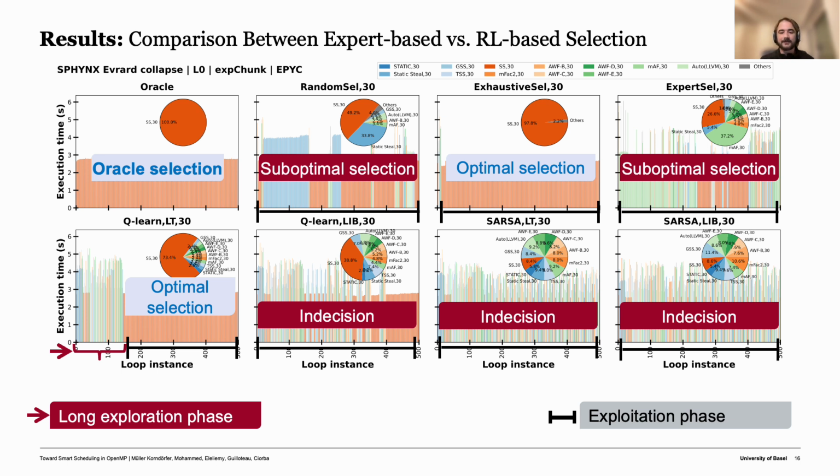And finally, we can see that either using load balance as a keyword or SARSA as the method for selection end up leading to indecision. So here we have some hypotheses. So first of all, Sphinx, the loop that we modified in Sphinx, varies along the execution.